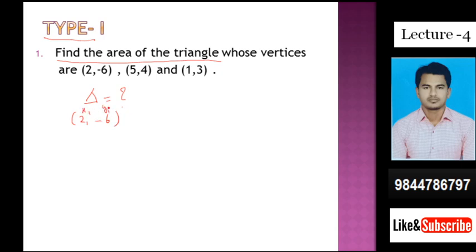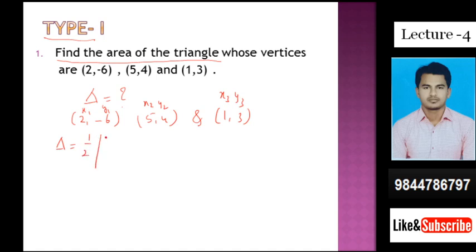Be careful, don't write x1 x2. Similarly 5 comma 4 means x2 y2, and 1 comma 3 means x3 y3. What is the formula to calculate the area of the triangle?